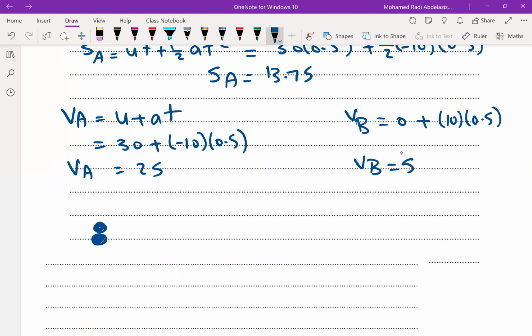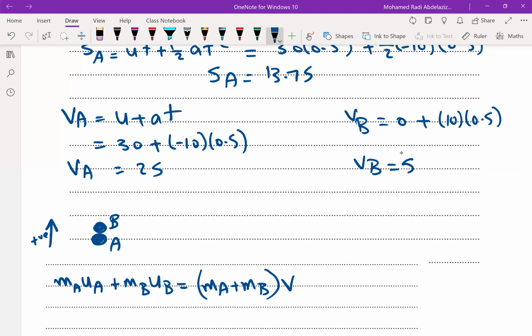Before the collision, this is particle B and this is particle A. If we use positive direction up, so m_A u_A plus m_B u_B equals m_A v plus m_B v, because now it's one particle, so we can combine and write: mass of A plus mass of B, all multiplied by v.